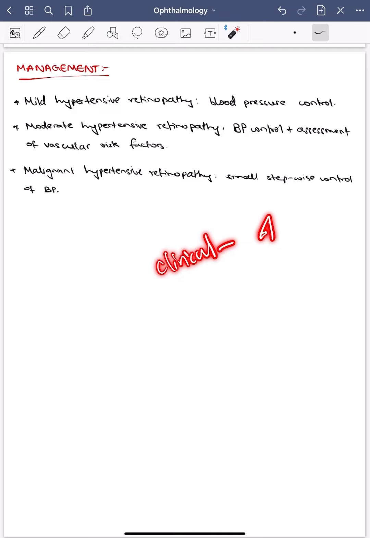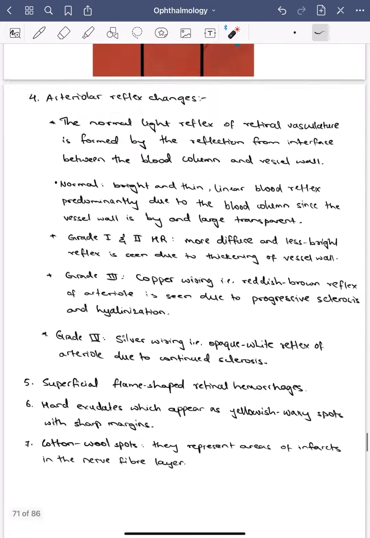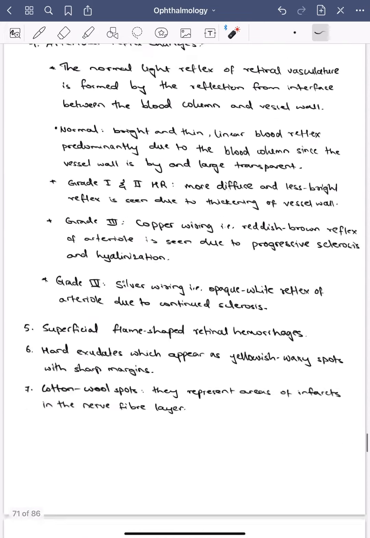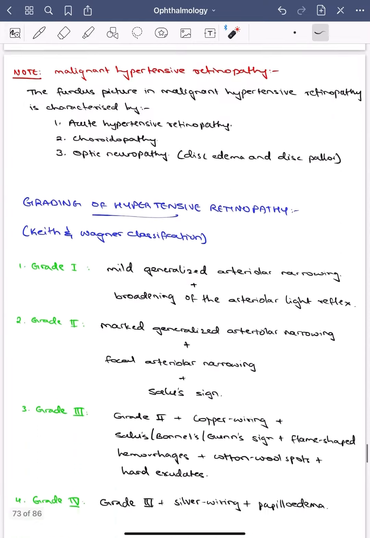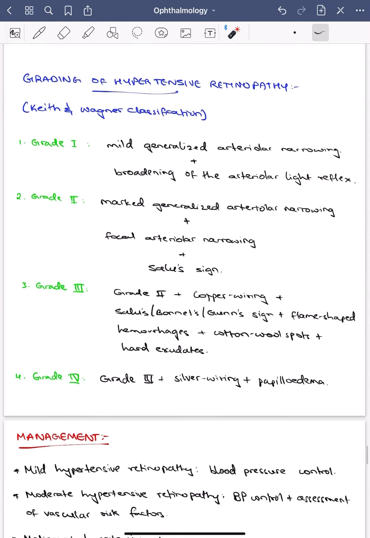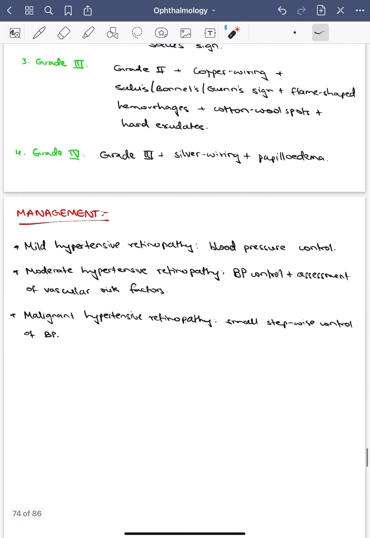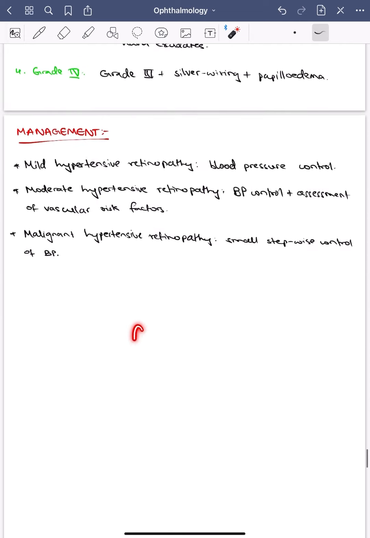Remember, arteriolar narrowing, arteriovenous nicking, arteriolar light reflex changes, then the superficial flame-shaped hemorrhages, the hard exudates, and the cotton wool spots, right? Then we discussed the grading, the Keith and Wagner classification, grade 1, 2, 3, and 4, and we discussed the management. And in this, the most important is the clinical features of hypertensive retinopathy.